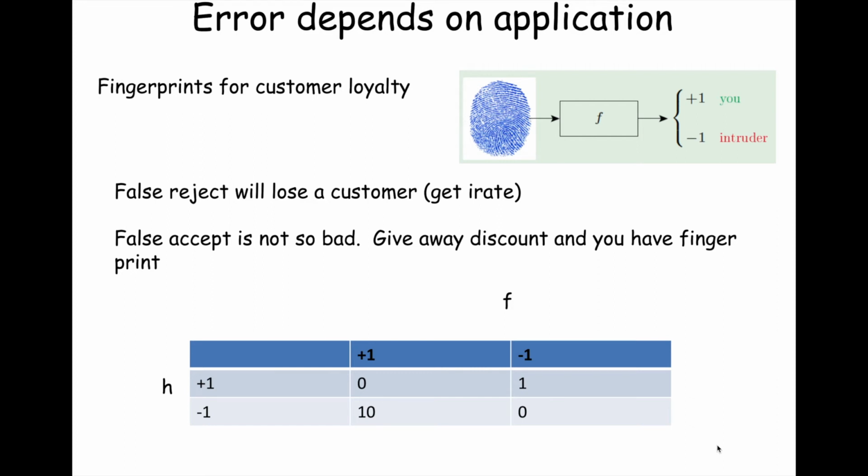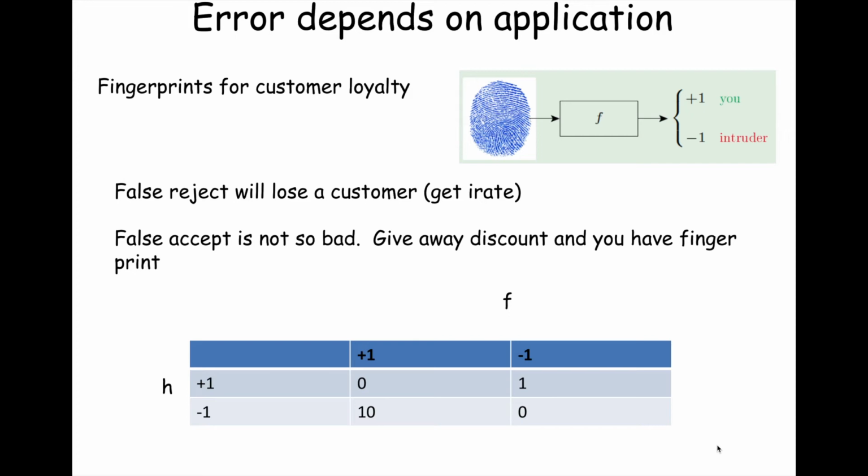Those are all trues. This is a true positive, and this is a true negative. But if we look off diagonal, here we have a false reject. Now, a false reject in this particular square, what does that mean? It means you are a member of this grocery store or shopping club or customer loyalty program, and you should receive the discount.